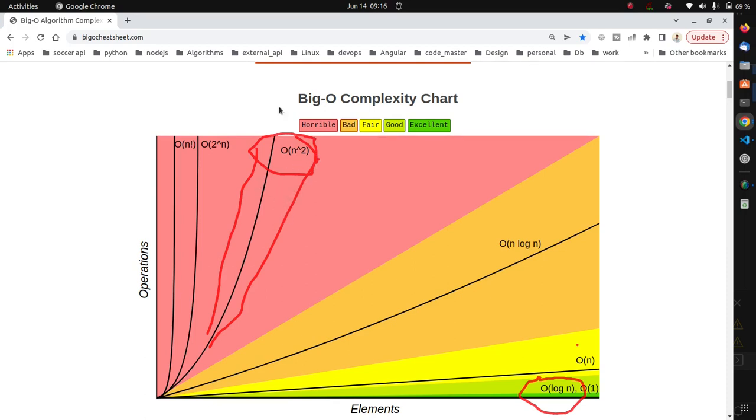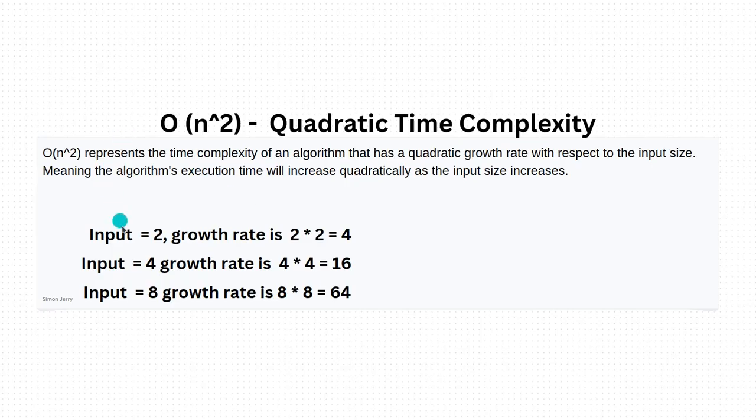So the takeaway here is that at every input size, you're going to have the input size multiplied by the input size. So you can see it grows and it's in the horrible state. So guys, the final takeaway is at every input size, the growth rate is multiplied by itself.